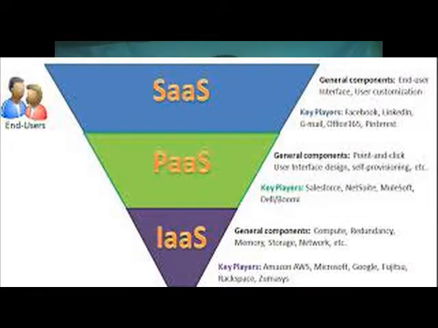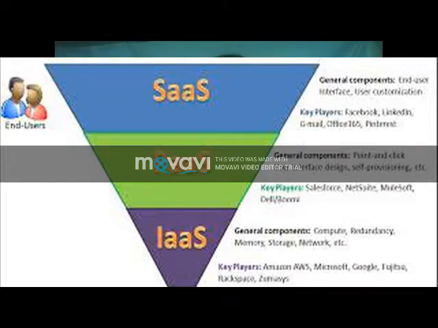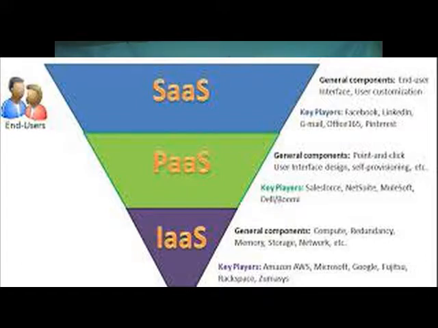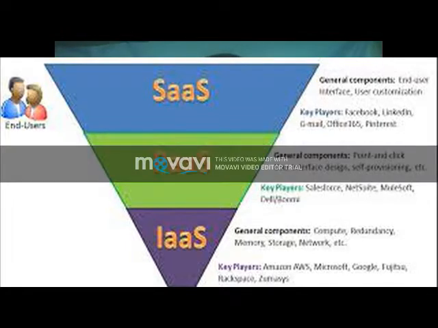Now let's look at platform as a service, PaaS, platform as a service. Cloud platform as a service is whereby the computing platform, operating system, and associated services within it is delivered as a service over the internet by the provider.